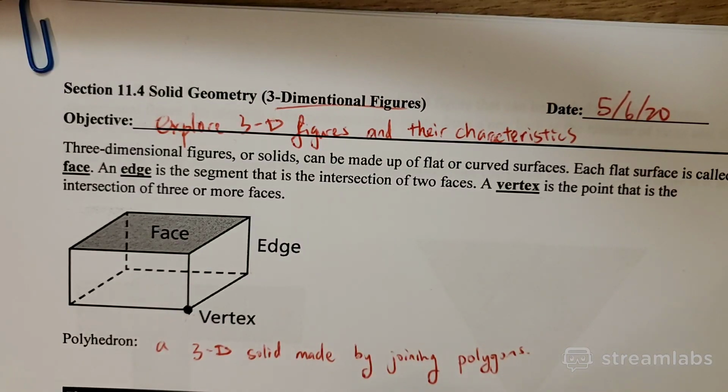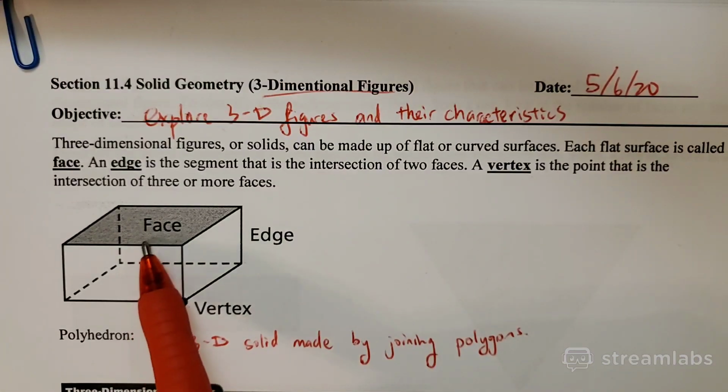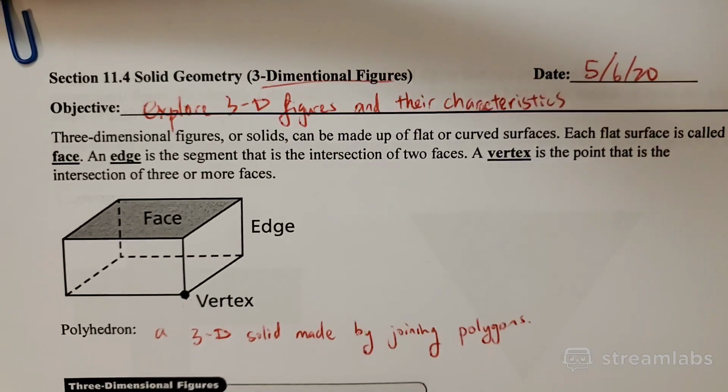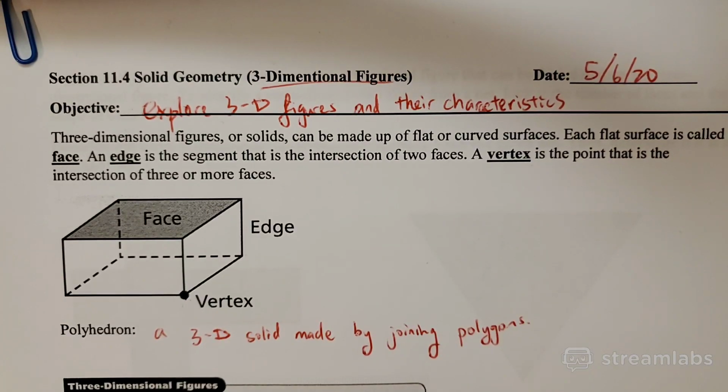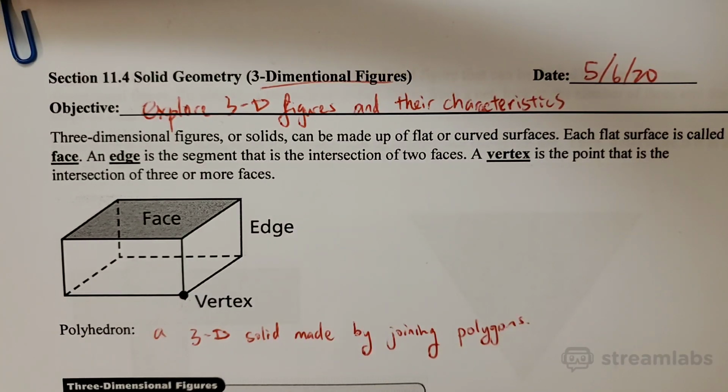Okay? So it usually contains three pieces: face, edge, vertex. Okay? You still okay?